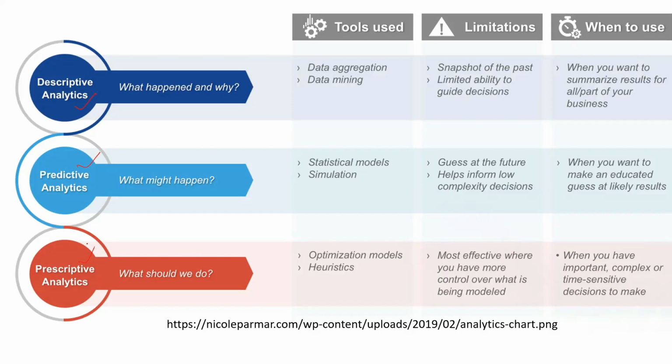Of course, the screen is in front of you, but anyone who knows the difference? So you see, descriptive analytics describes why it happened. It tells you the reason, right? And the tools they use are data aggregation and mining. Limitations, they work on the historical data, why it happened and why it is happening, right?